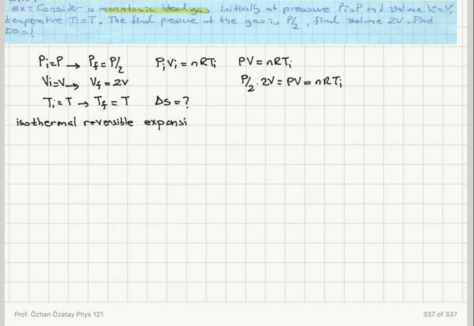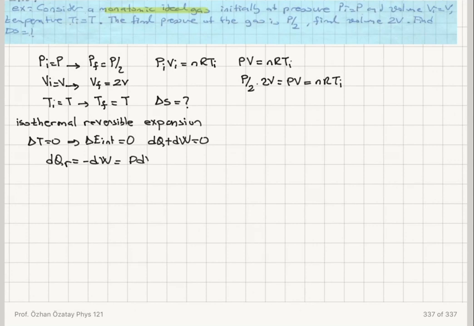You can see V is becoming 2V, and therefore the temperature change is 0, so the internal energy change is 0, and you have dq plus dw is 0. The heat that you're adding to the system, dq reversible, is minus dw.